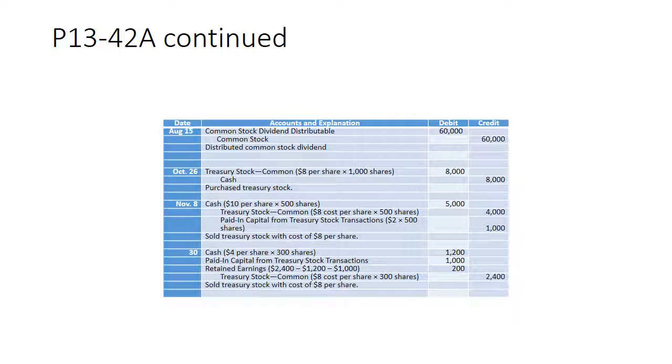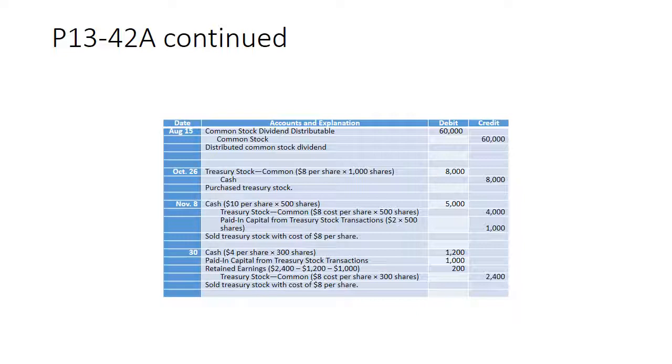So we have that account. It has a $1,000 credit balance in it. So debit that for $1,000. You can't debit it so that it ends up with a debit balance. Debit it until it reaches zero. Any excess that you still need a debit for, you still have some loss, we debit retained earnings.